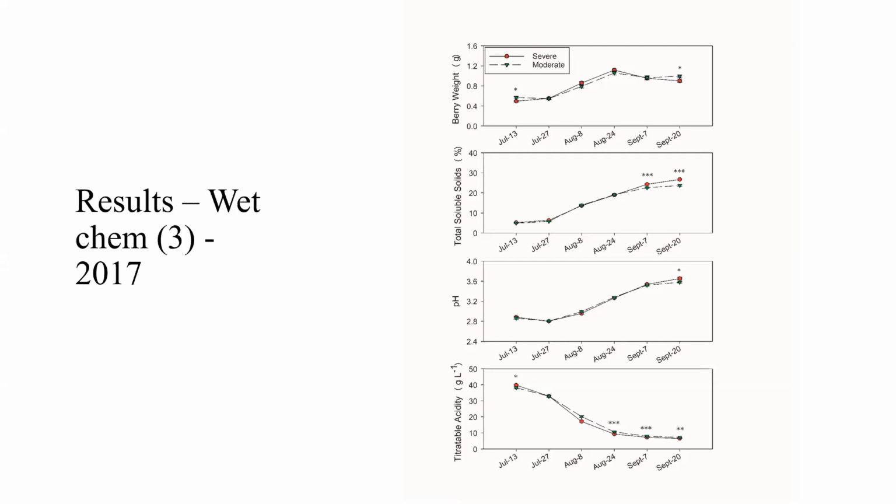So we harvested these fruits a little bit earlier than we did in the first year. The pH and TA were behaving the same as the first season, with the pH higher in the severely water-stressed zone and the TA higher in the moderately water-stressed zone throughout the season.